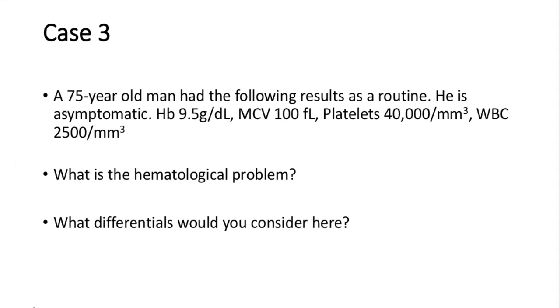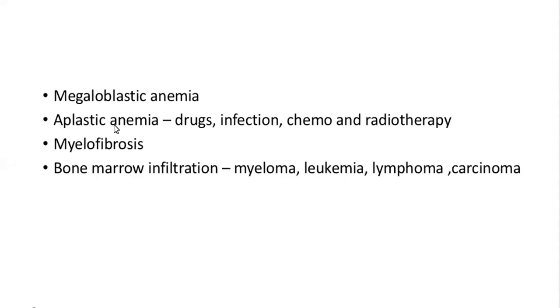So differentials now you have considered. So what kind of further clinical details will be there? Now myelofibrosis, you already said that there could be a big spleen, right? So aplastic anemia, no physical signs other than anemia, thrombocytopenia causing bruising, but historically there will be drugs, infection, and various other things.